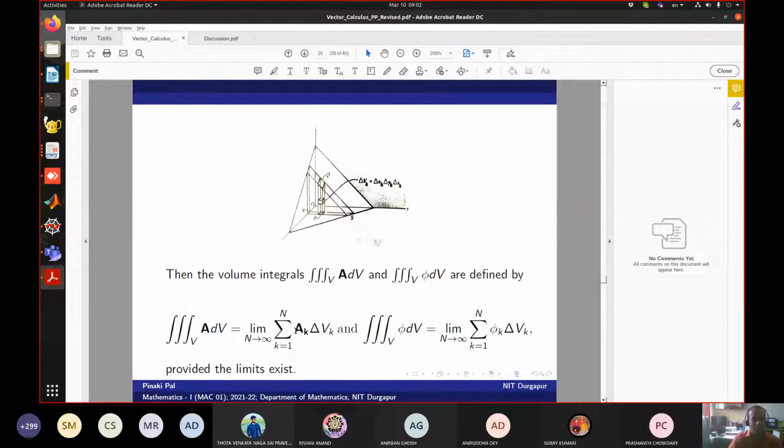Then we form the sum for all the smaller regions, and finally take the limit. If this limit exists uniquely, it is called the volume integral of the associated function over the region V.